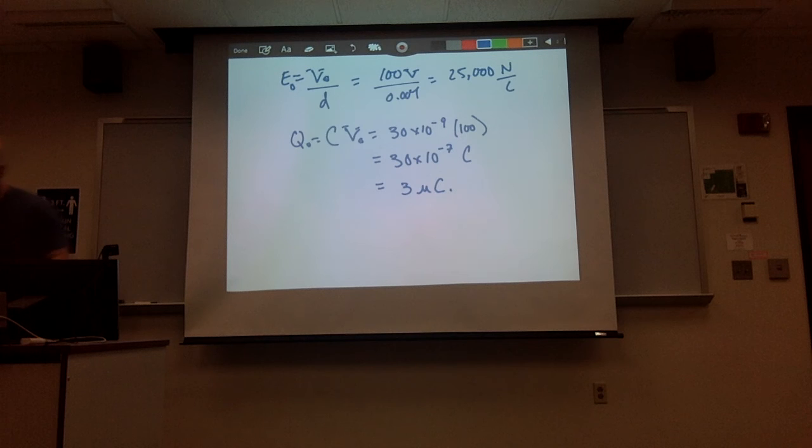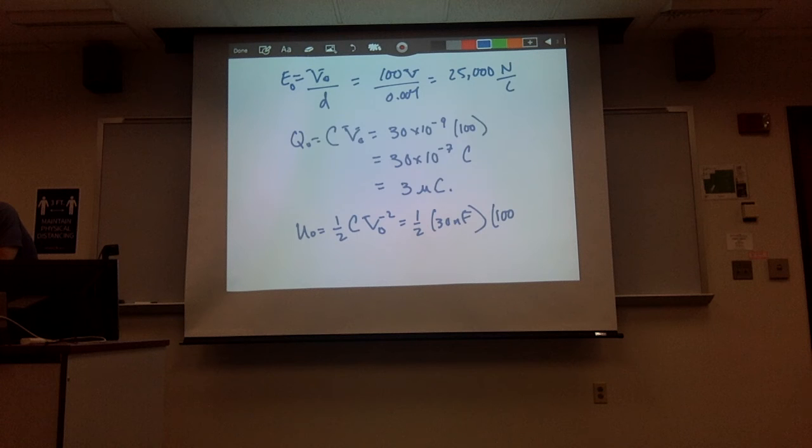The initial amount of energy is going to be equal to 1/2 the capacitance times the potential squared. So let's use that one. In this case, this is the initial potential. So it's going to be equal to 1/2 the capacitance, which was 30 nanofarads, times 100 squared.